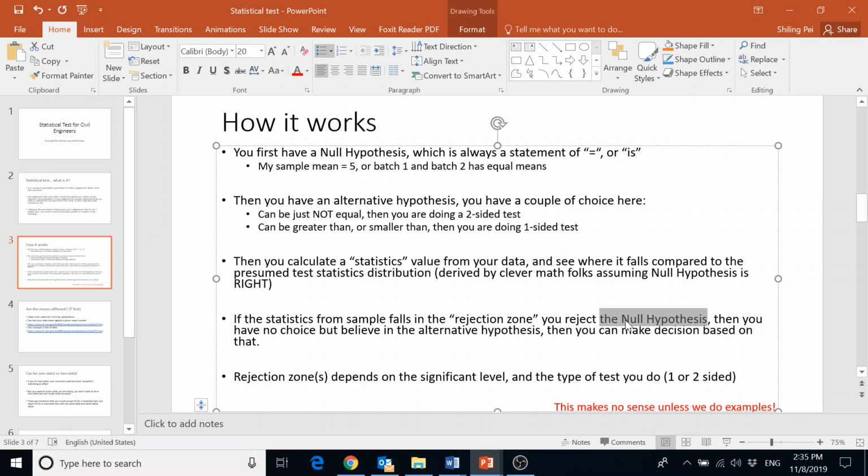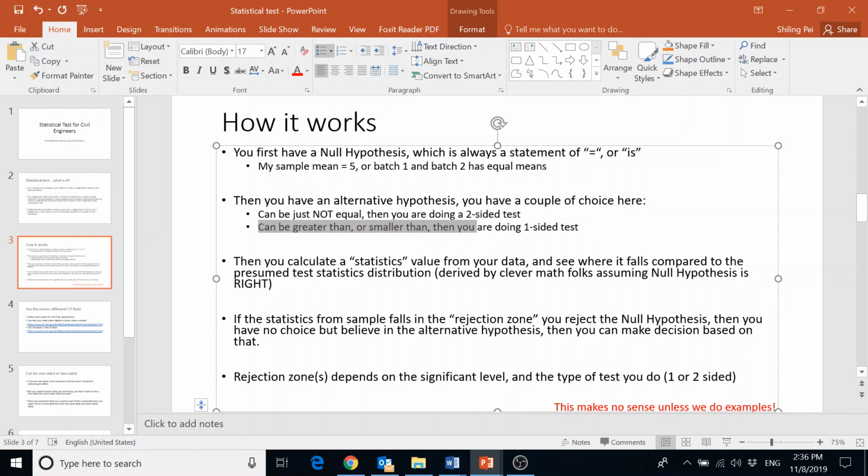So it is very likely your null hypothesis is not right. Then you have no choice but to reject it and believe in the alternative hypothesis, which is either that they are not equal, or that one is greater or smaller.